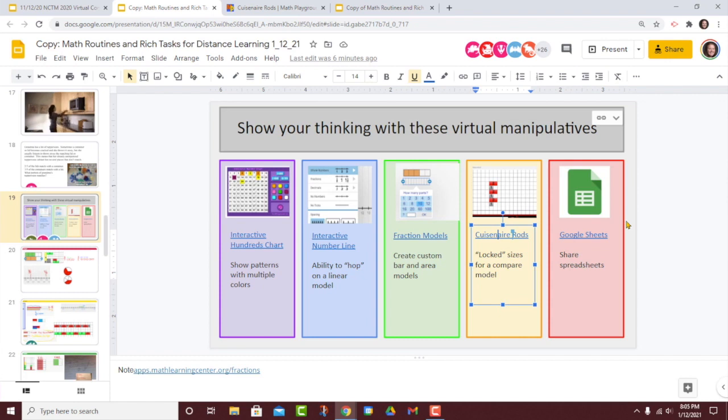Question: when I first started with these manipulatives, when they were hand manipulatives and not virtual, they suggested that you let the students explore with them to see how they could react. Do you do that with the virtual ones as well, before you just present it? Absolutely. When I'm online, I do it in a way that I want to see what they know with the technology. I'll say, hey, everyone, go in and make something silly with the hundreds chart and then do a screen capture and show it to me on Google Slides.